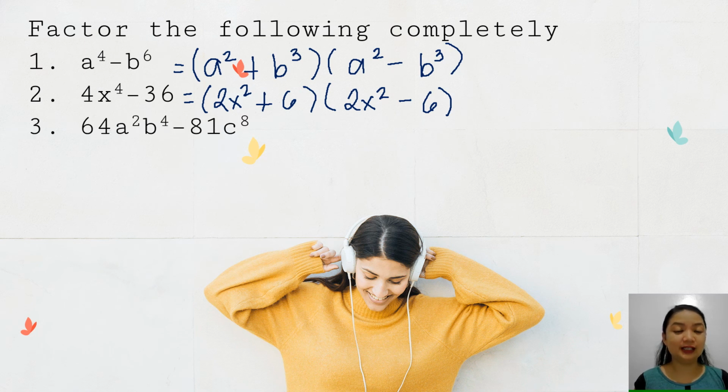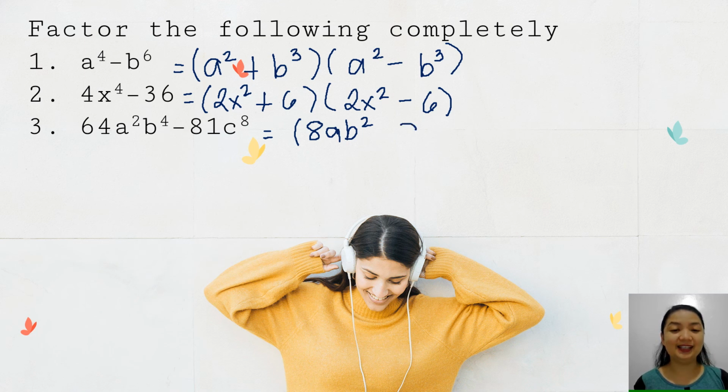Let's have the next one. So it's 64a squared minus 81c to the 8. So what is the square root of 64a squared? Yes, we have here 8. How about a squared? Yes, it's a. How about 81c to the 8?